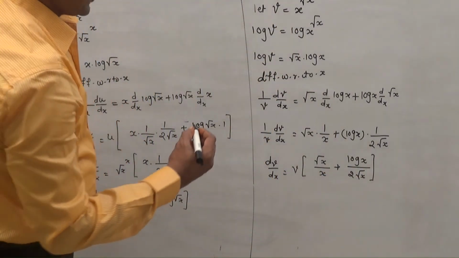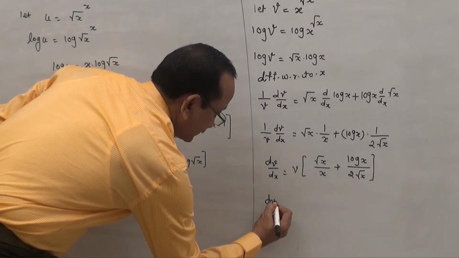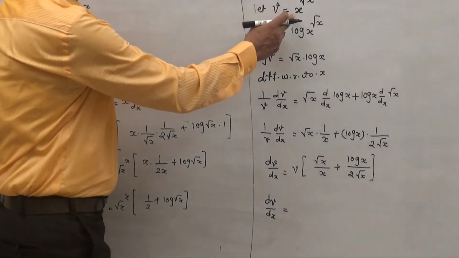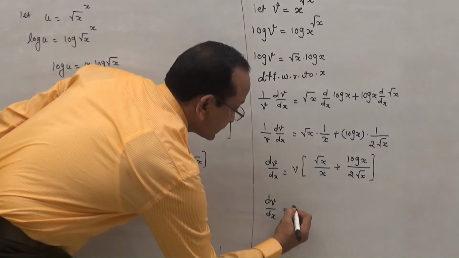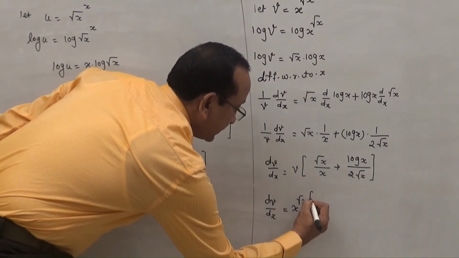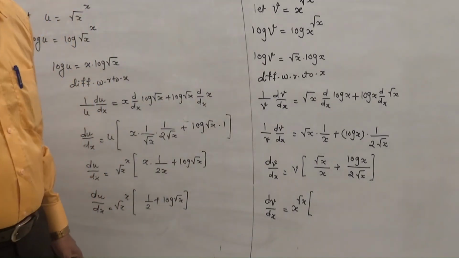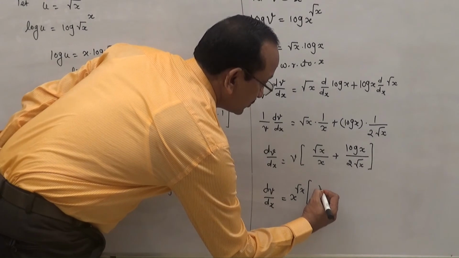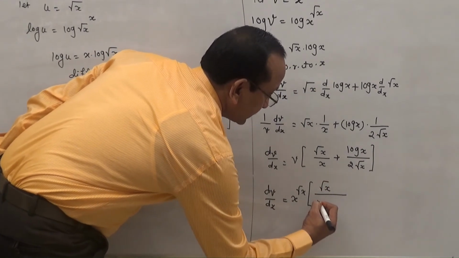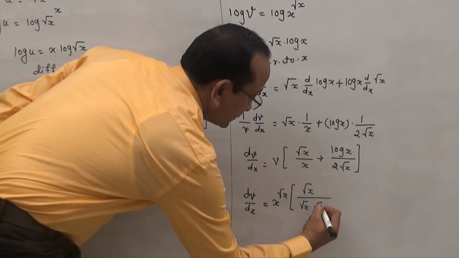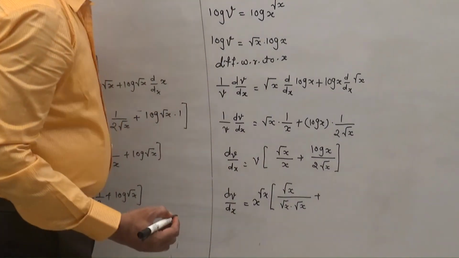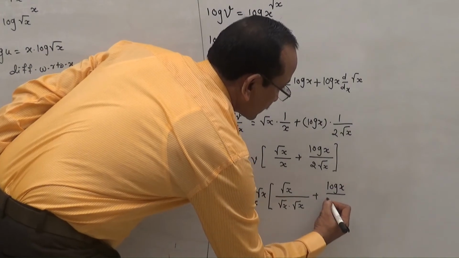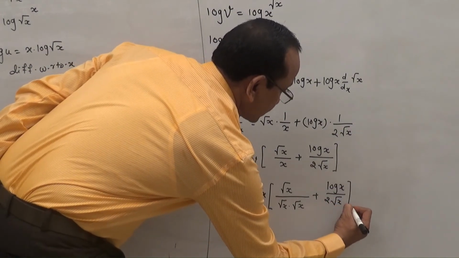Now substitute the value of v also. dv by dx is equal to, so what is the value of v? x raised to power root x into bracket. So x can be written as root x into root x, so root x upon root x into root x plus log x upon 2 times root x.